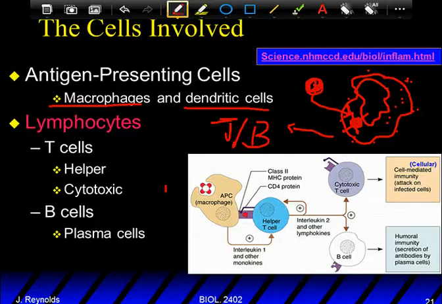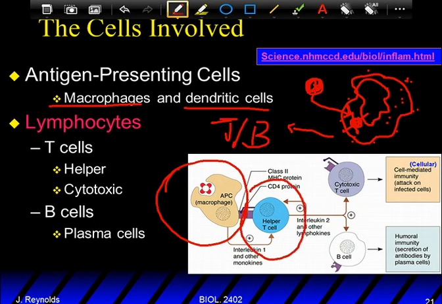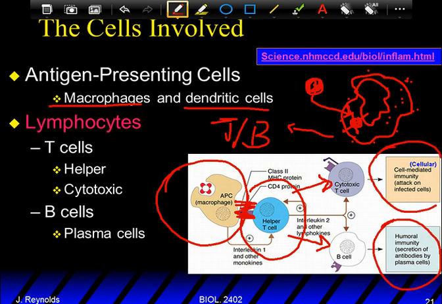So on the picture, again, here's your APC cell. It's coming in contact with the helper T cell. Very complicated receptor recognition setup here involving the antigen. The helper T cell now can become activated, and it can talk chemically to a B cell, and it can talk chemically to a cytotoxic cell, which then either activates cellular immunity or humoral immunity.